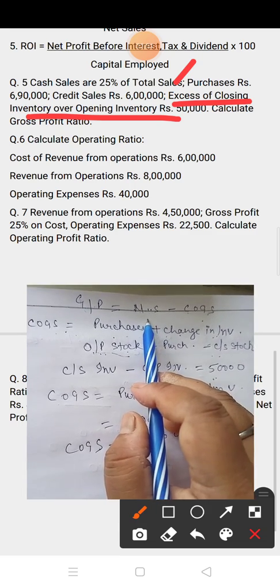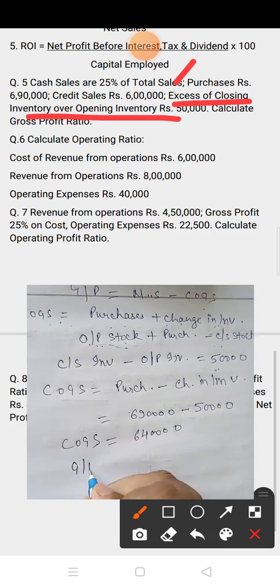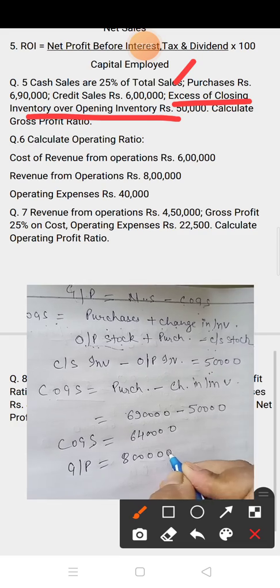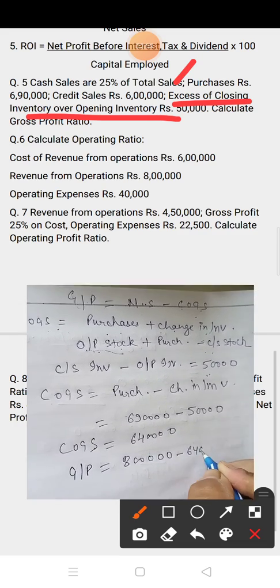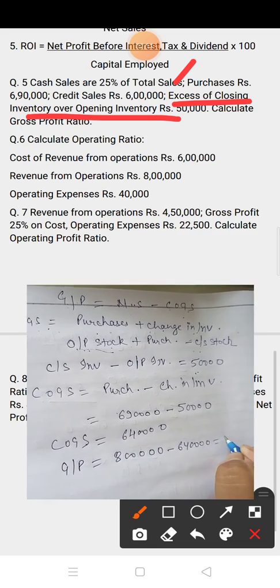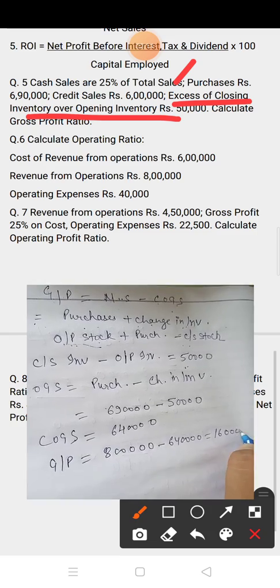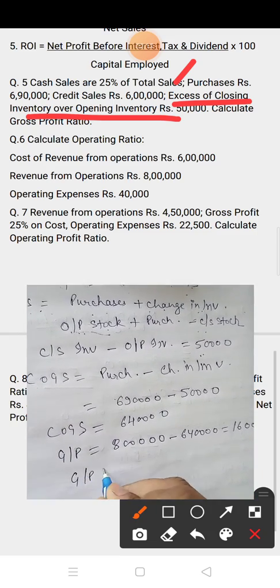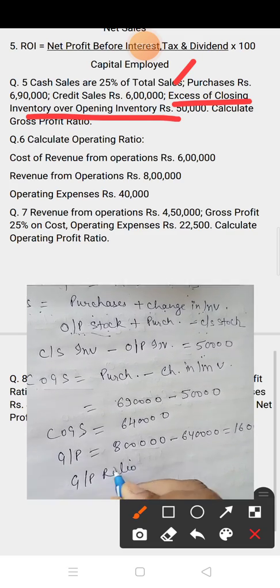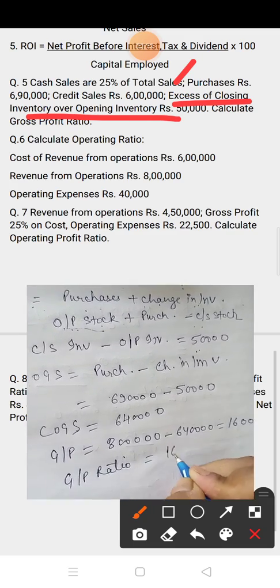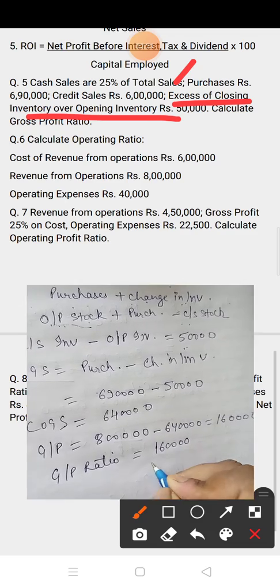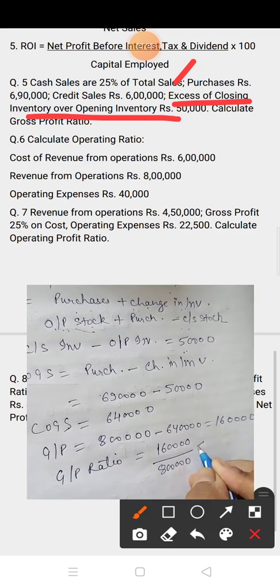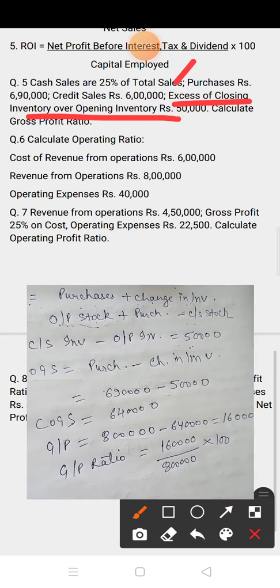Now apply this formula and find out the gross profit. So gross profit is equal to net sale, we have already found 8 lakh, minus 6,40,000. It is equal to 1,60,000. Now the formula for gross profit ratio is gross profit upon revenue from operation, means net sale, into 100.